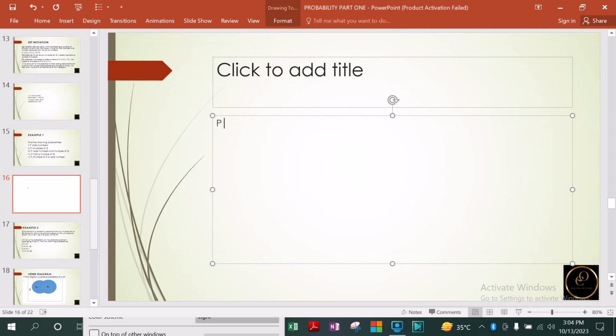The probability of odd numbers will be equal to the number of success items, or favorable outcomes, divided by the sample space, which is given as S. So favorable outcomes over sample space.